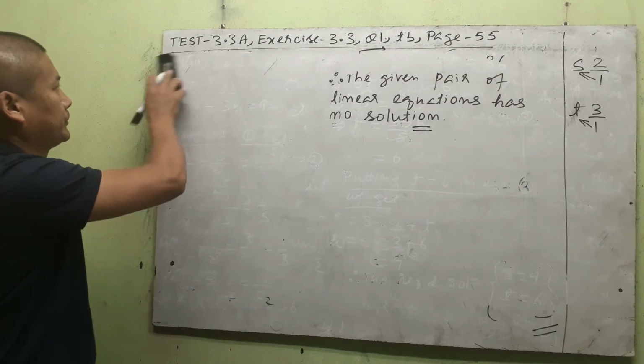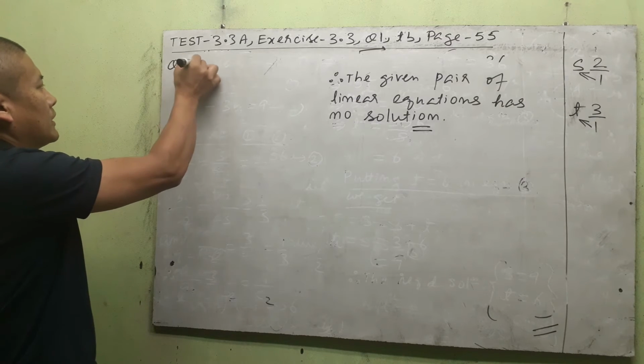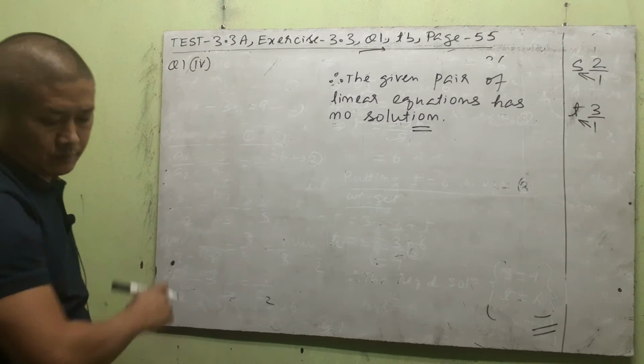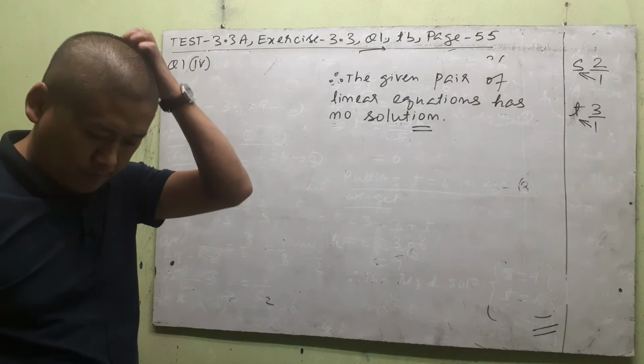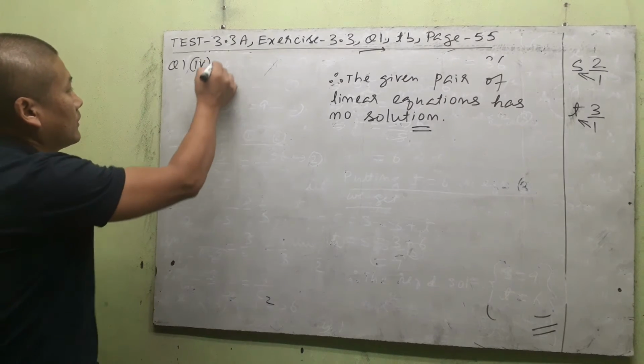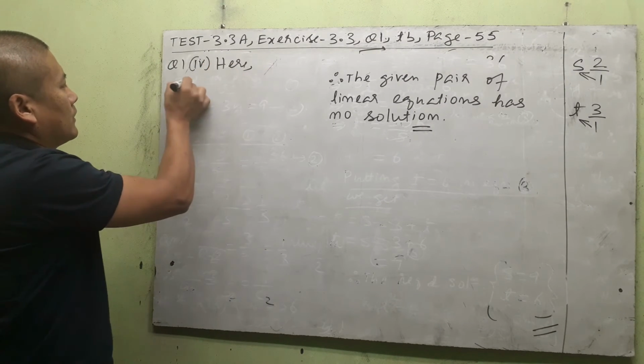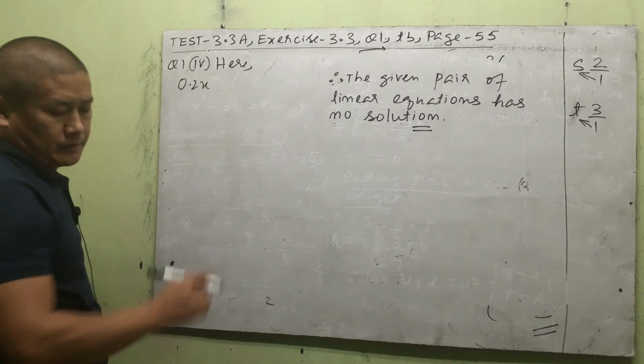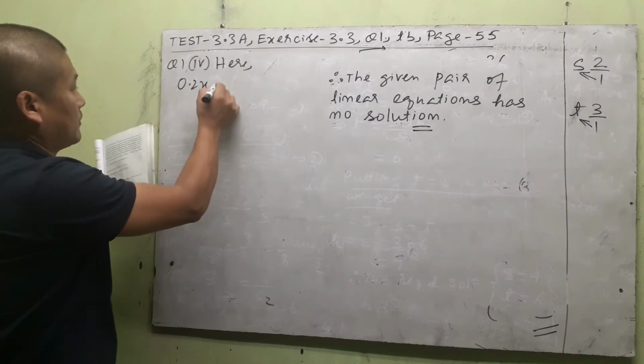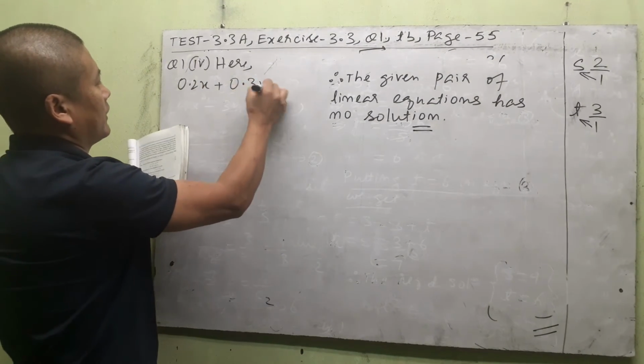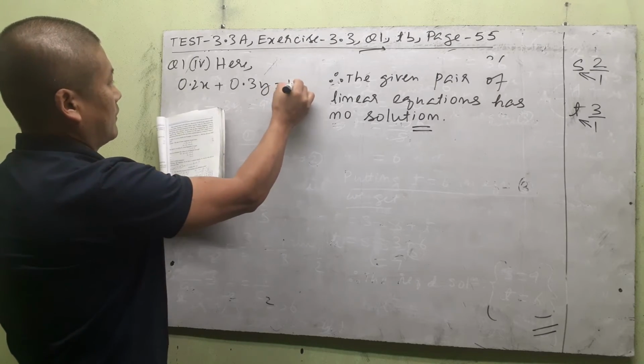So here, question number 1, subheading 4. Here, 0.2x plus 0.3y is equal to 1.3.